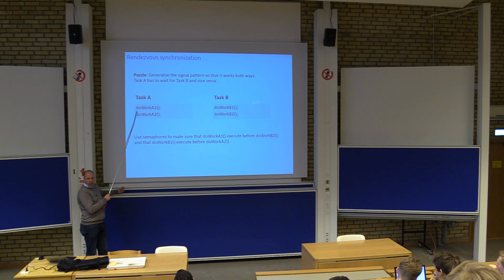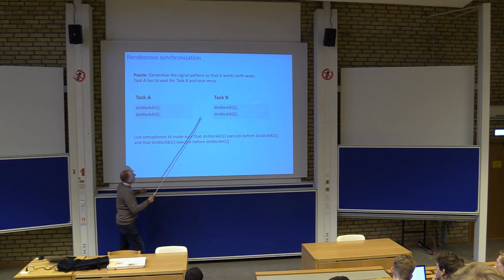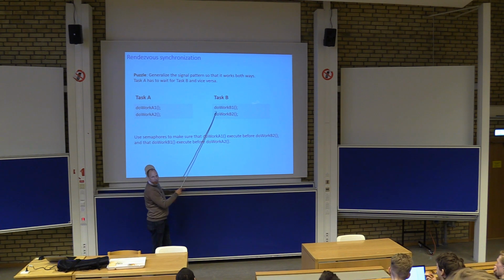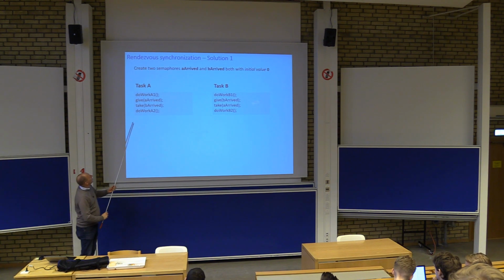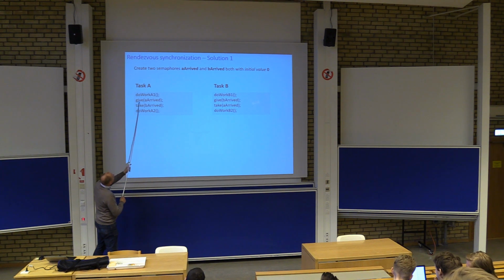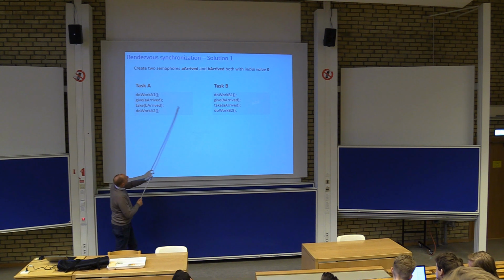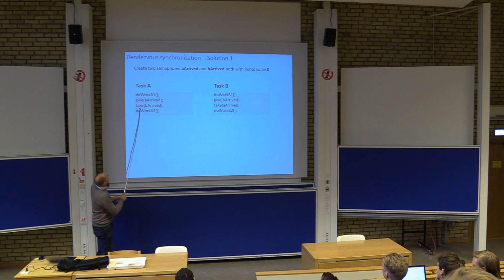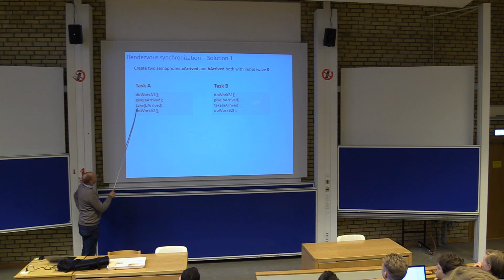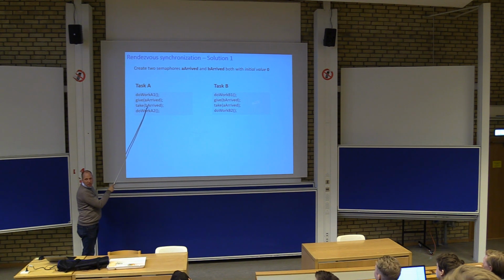So we create a semaphore, we initialize it to 0, and then we increase it here. And then we create another semaphore that basically says, okay, B1 is done. So we increase the value here for A, and we increase the value here for B. And then we try to decrease the semaphore. So here we increase for A, and now we decrease for B.